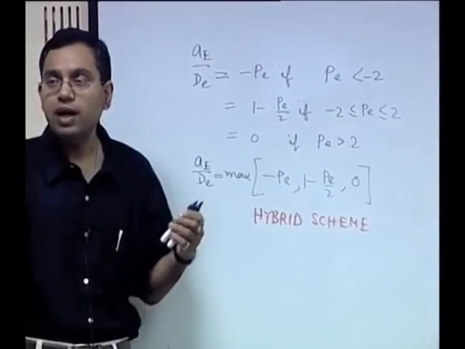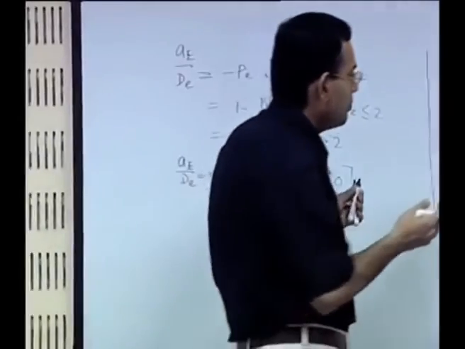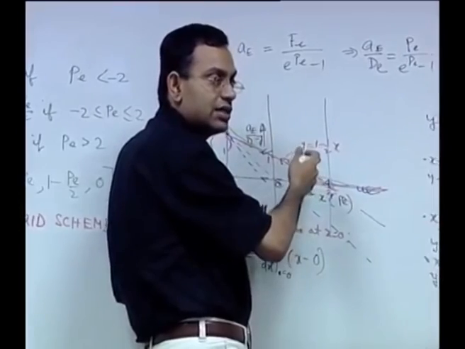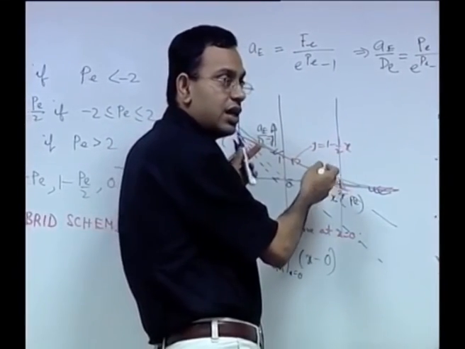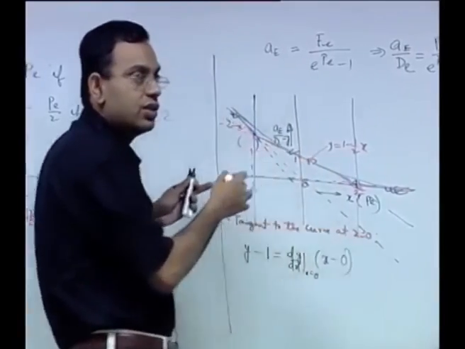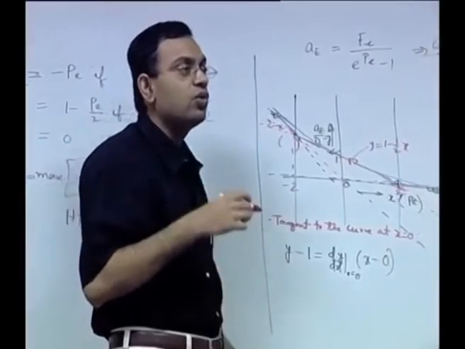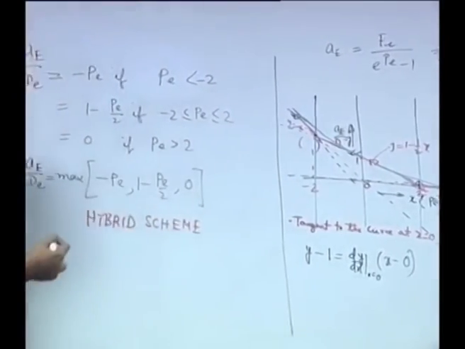The whole idea is you avoid exponential calculation, but try to represent the physical nature of the exponential function by some piecewise straight lines. So you have basically used the asymptotes and the tangents to the function to represent a function similar to the exponential function without involving any exponential calculation. That is the benefit behind it.